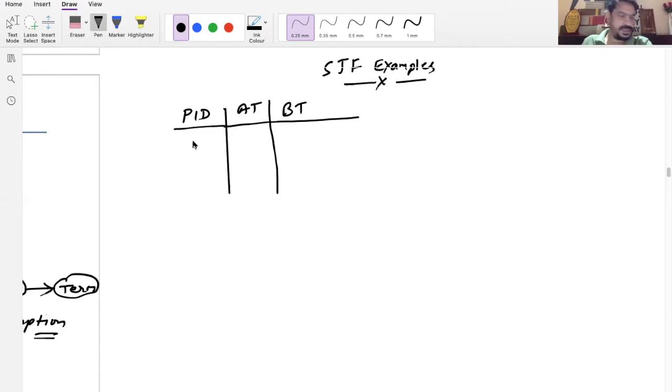Let's say the process IDs are 1, 2, 3, 4, and 5. The arrival times are also the same: 1, 2, 3, 4, and 5. And burst times are 7, 5, 1, 2, and 8. Okay, let's assume like this.